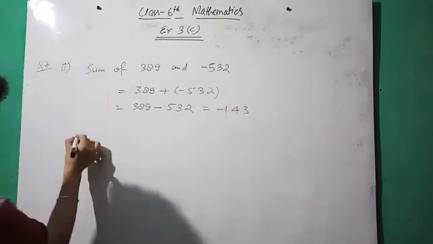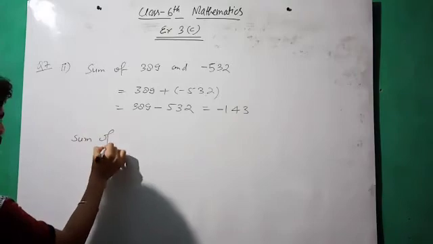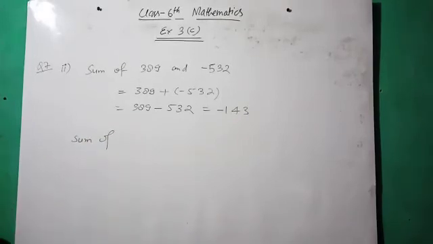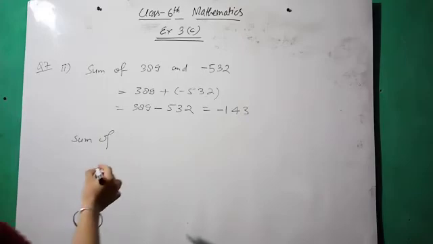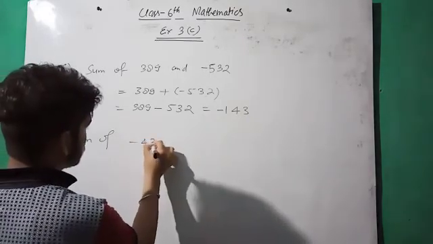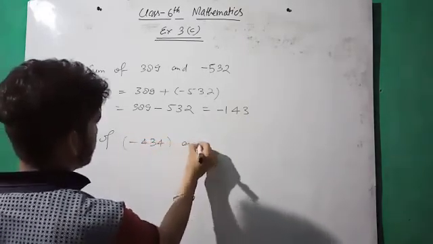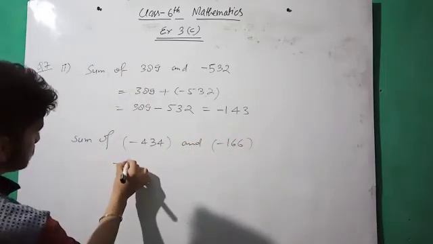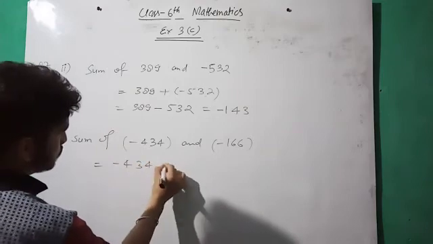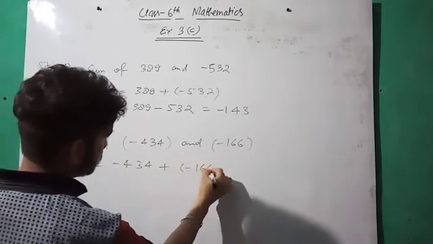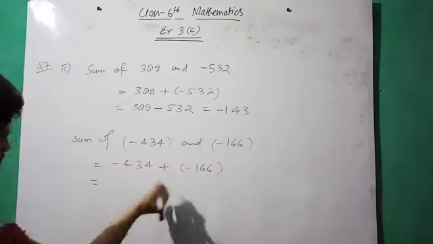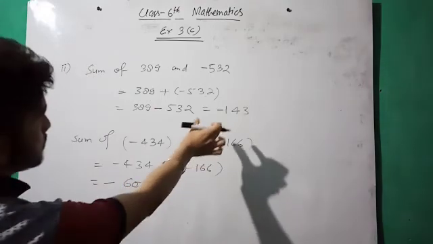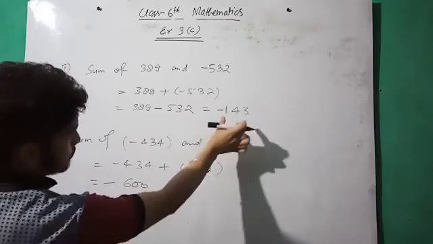Now the sum of minus 434 and minus 166. Again we have to add these numbers, minus 434 plus minus 166. So the answer is minus 600. Now we have to subtract this from this.